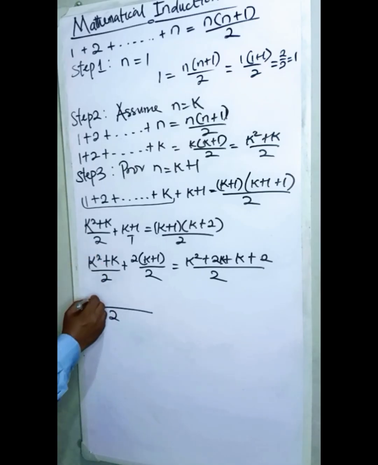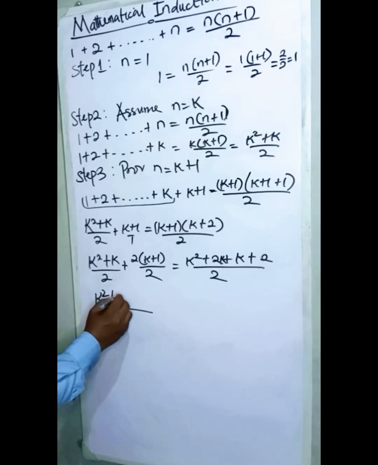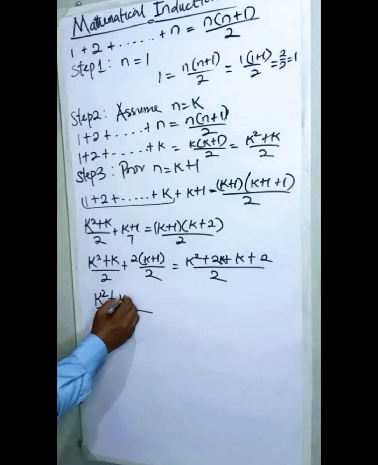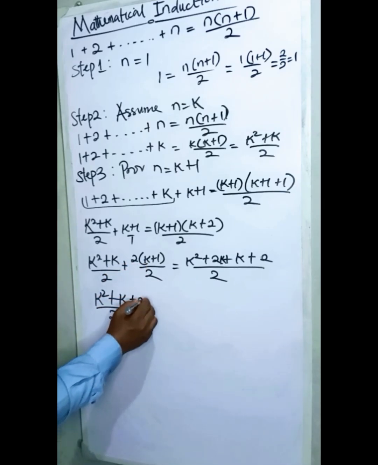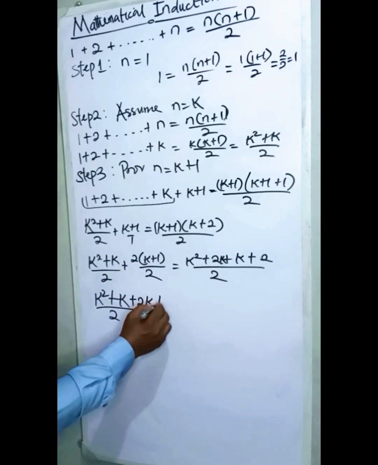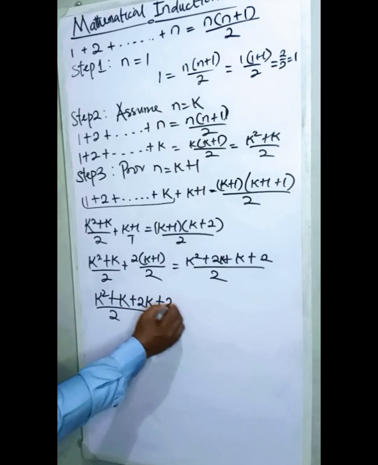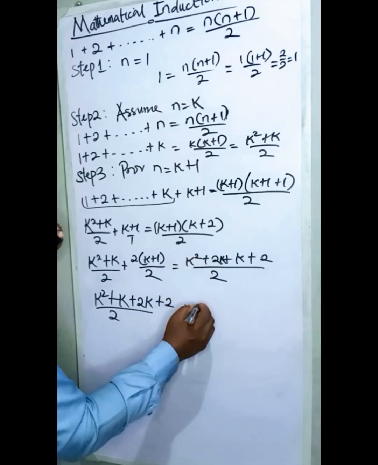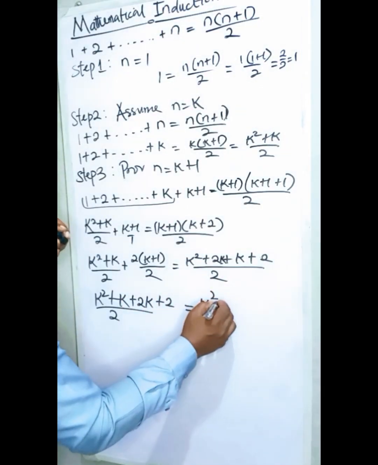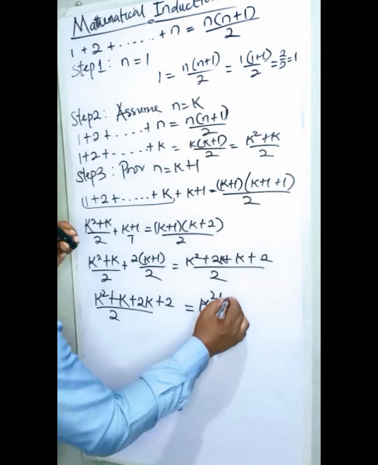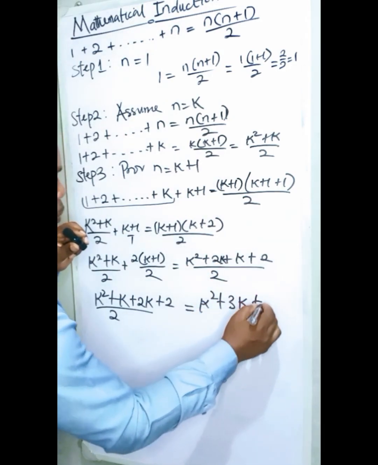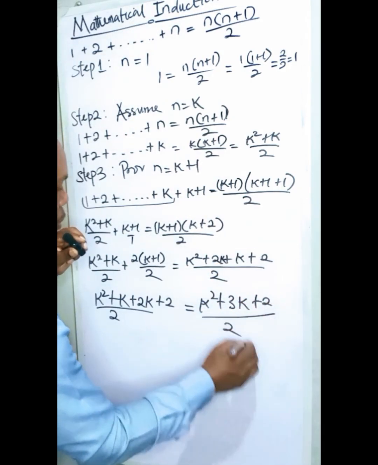All right, bring down your K squared plus K. 2 times K is going to give you 2K plus 2 times 1 is going to give you 2, equals to K squared plus 2K plus K is going to give you 3K plus 2 all over 2.